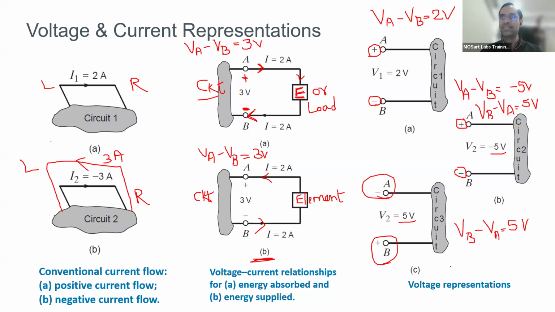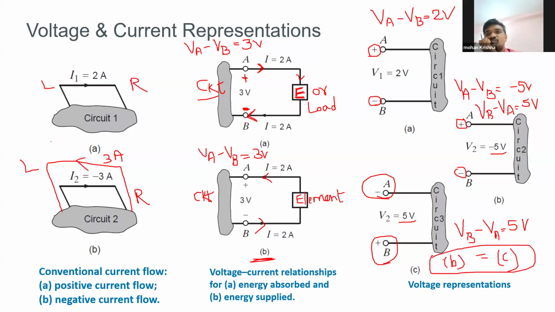So effectively, B is same as C. You agree? I'm just representing it either way: I put A as negative and write it as plus 5 volts, or A is positive and write the difference as minus 5 volts. Both circuits are exactly the same.